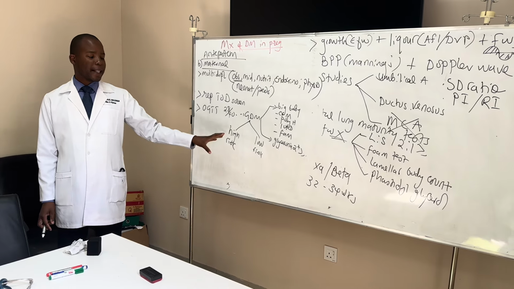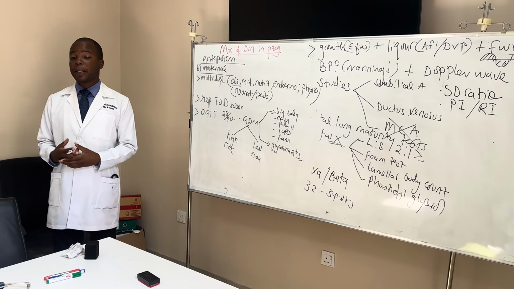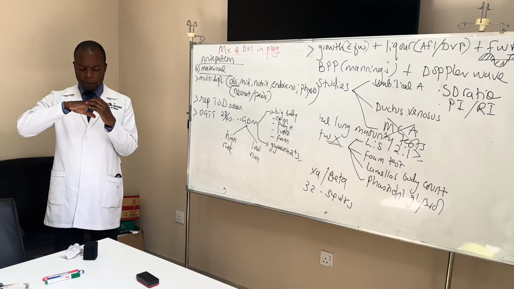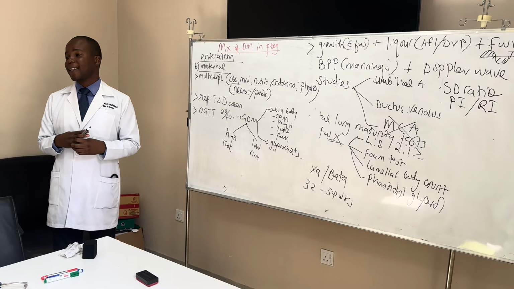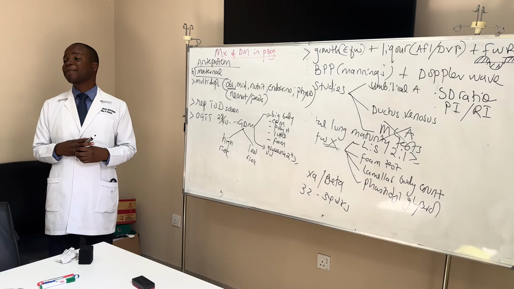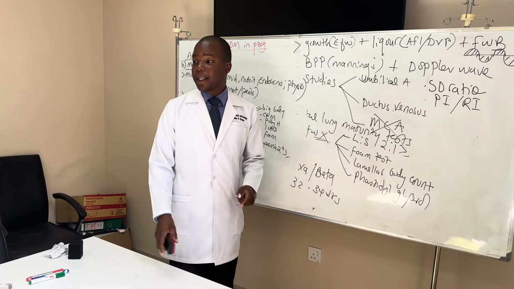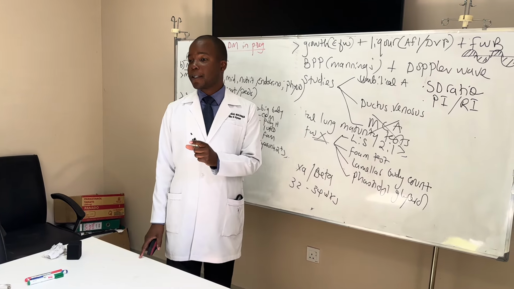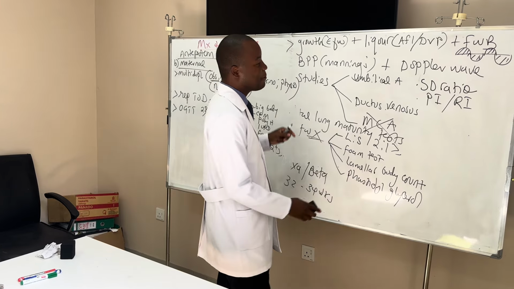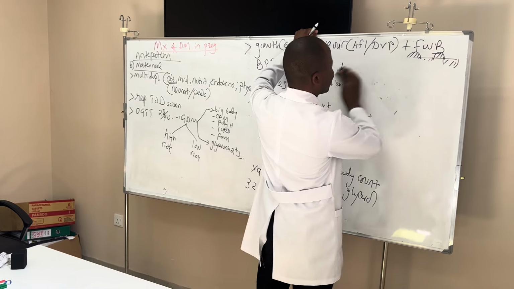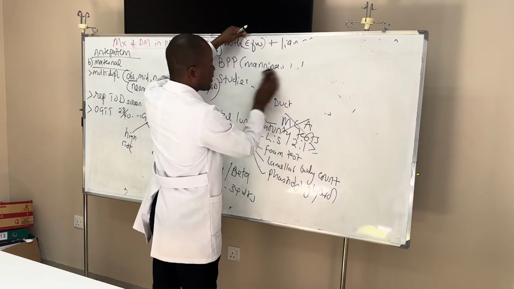Some classifications have fallen out of favor. Remember, we used to have what was called the Priscilla White classification. Very odd, taught by very odd obstetricians. You only find it in an old book of obstetrics, very old, 1920. I hope you are not reading those books.